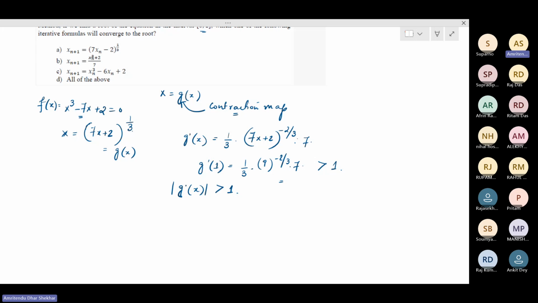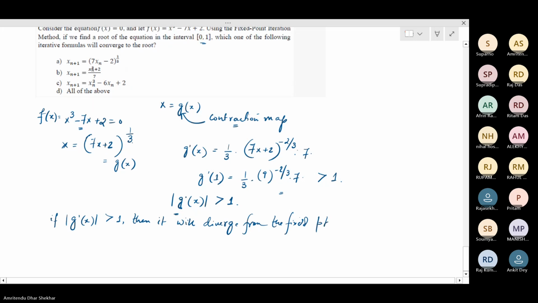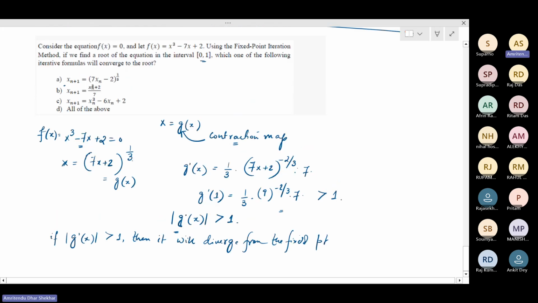Yes, it will. So let me just write it down. If this g dash of x is greater than 1, then it will diverge from the fixed point. So if you pick an iteration scheme like this, it will not converge to the root.